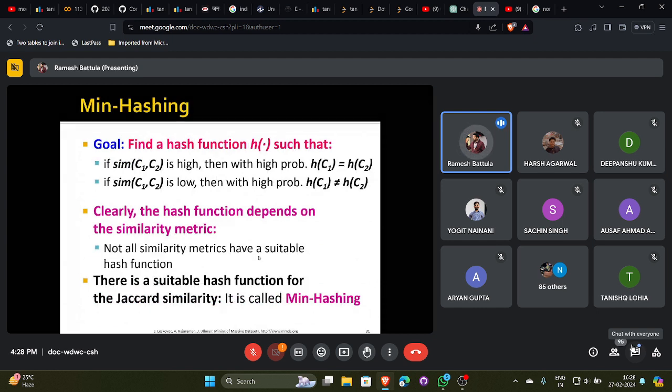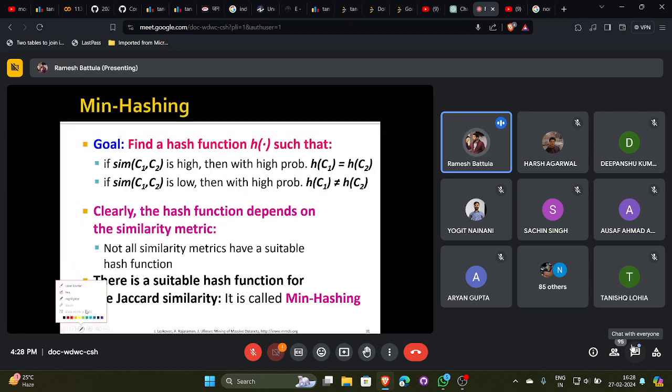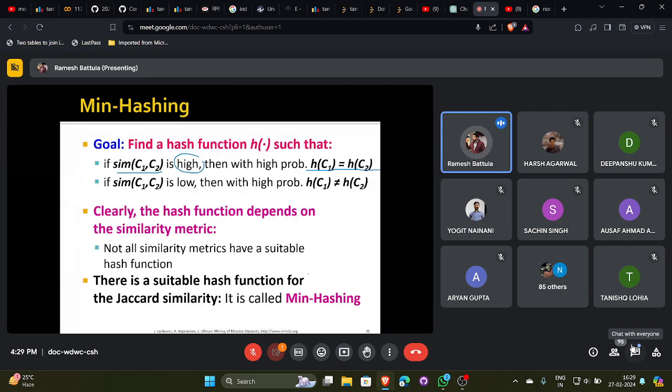The main target here is to understand min hashing. In min hashing, we find a hash function h for the high and low similarity conditions. Whenever similarity is high, then with high probability h of c1 is equal to h of c2.